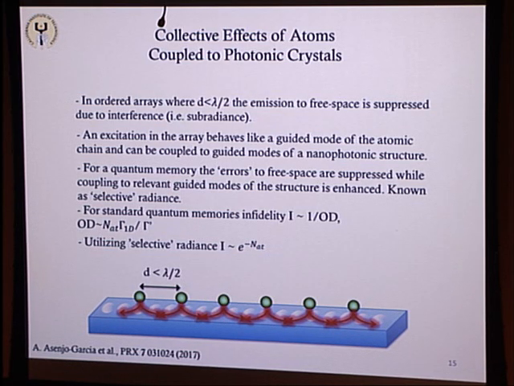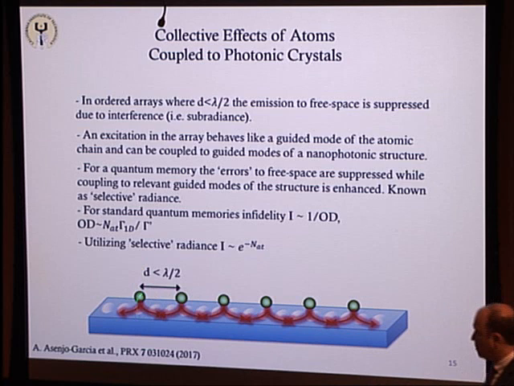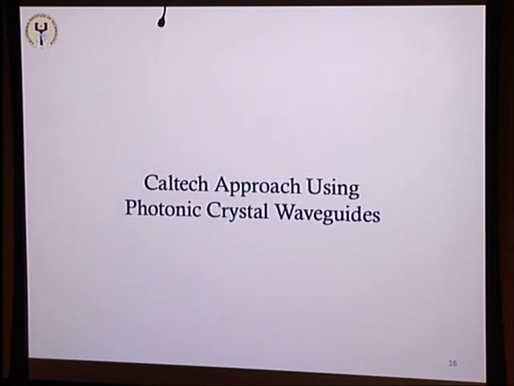And what's important is that this scale length is, of course, very important. But in the system that I'm going to show you, the trap sites of the atoms do lie at less than lambda/2. So this is the kind of thing that we could exploit in these photonic crystal waveguides. Okay, so now I'm going to talk about our approach using photonic crystal waveguides.